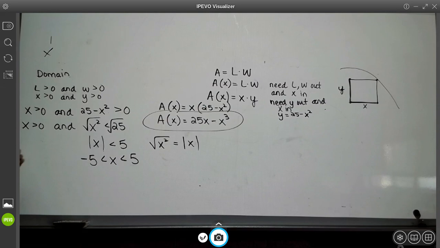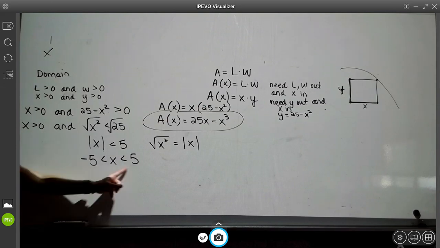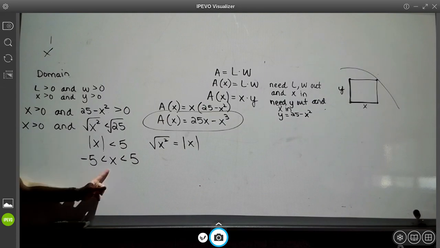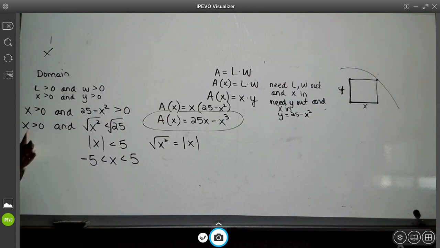X has to be greater than 0 and a number in between -5 and 5. Well, what numbers fit both? Who's bigger than 0 and in between -5 and 5? Only numbers from 0 to 5. And that's your overall domain.